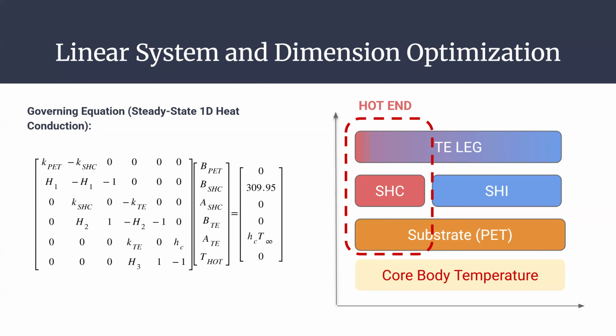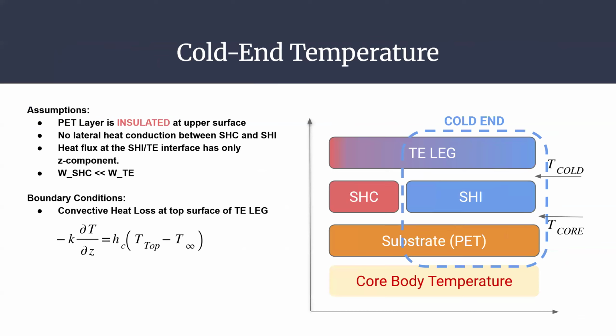Therefore, we wrote a Python project to optimize the material thickness to maximize T hot, because by the nature of the linear system, we can have an infinite number of T hot values. So we picked the best one for our system using a Python optimization algorithm.